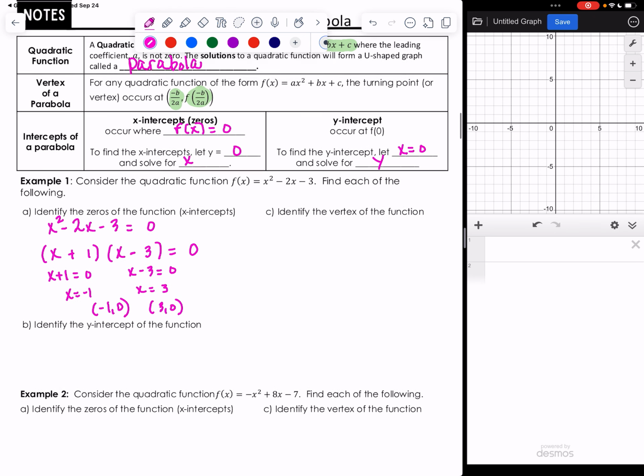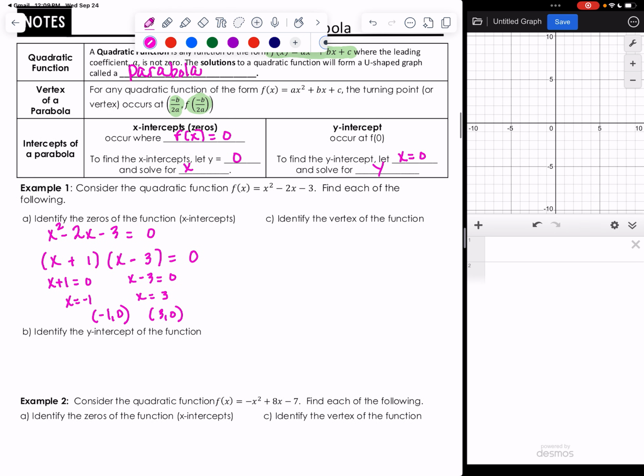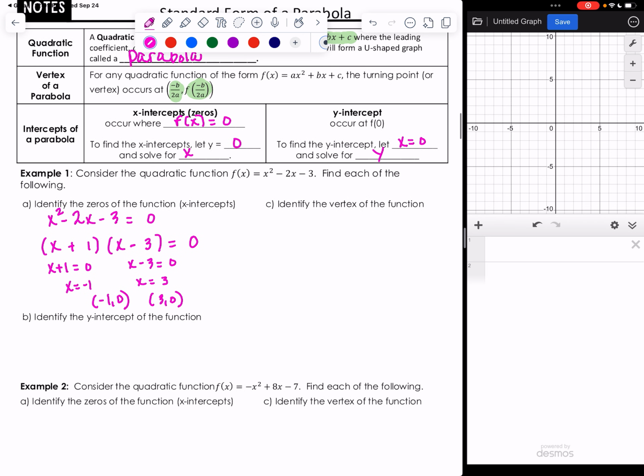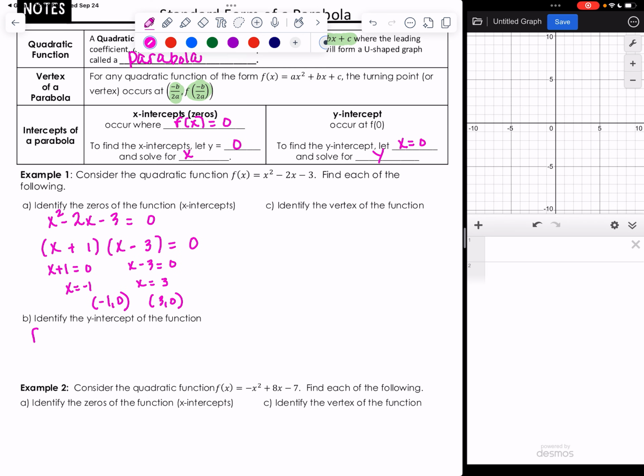Part B, they want us to identify the y-intercept of the function. In our definitions above, it says to find the y-intercept, you let x equal 0 and solve for y. So what we're doing is identifying the function at f of 0. To do that, you write down the function rule, but replace all the x's with parentheses. So instead of x squared, you'll put parentheses squared, and instead of minus 2x, you'll put minus 2 parenthesis, and then minus 3.